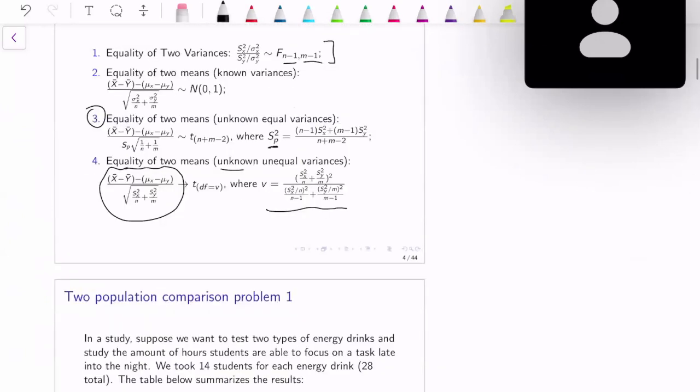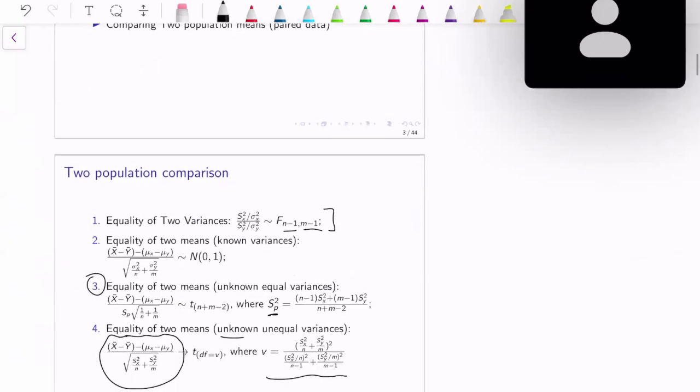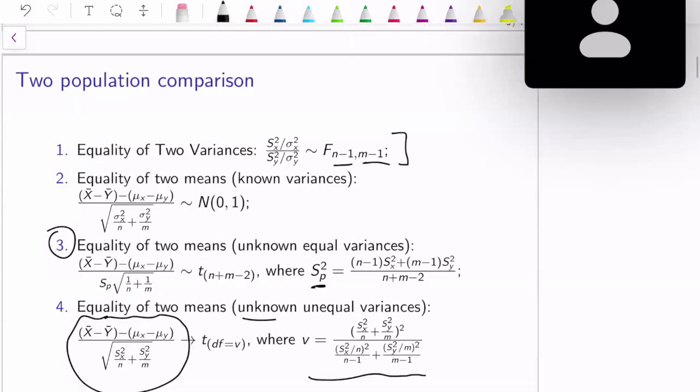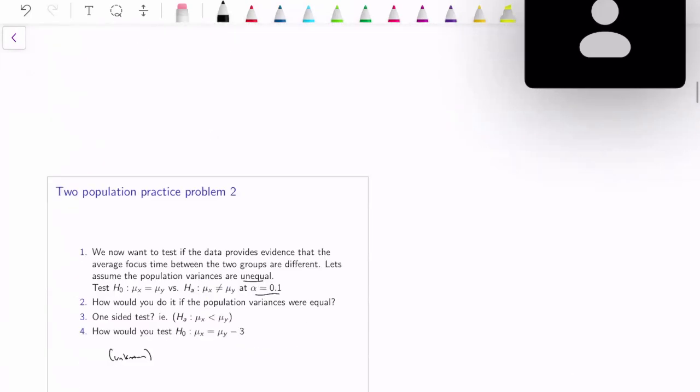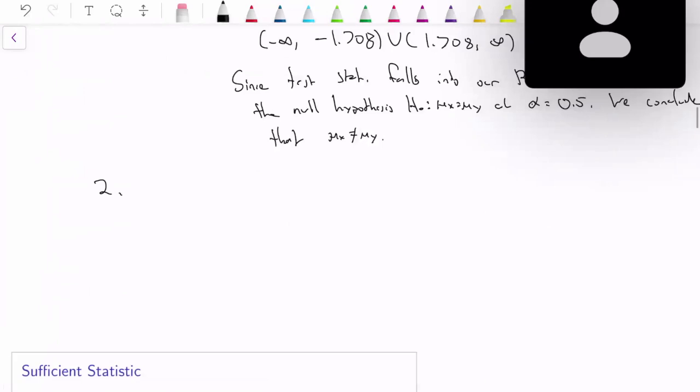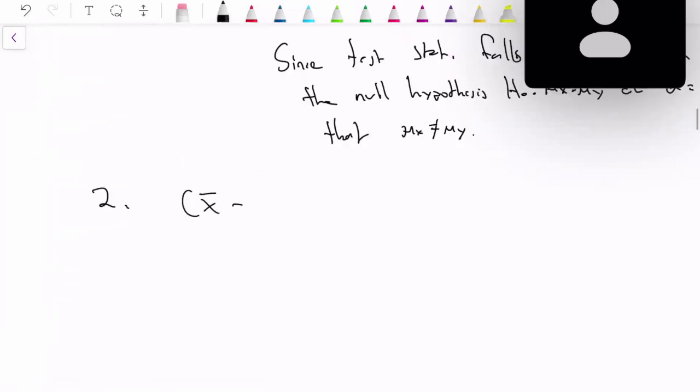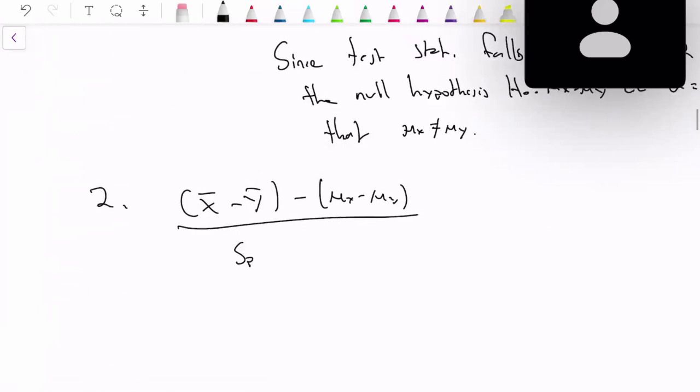So it's sort of the same approach. You would calculate this first, and then you would calculate this, get a t-value, make a conclusion. So that's the approach for part two. So I guess I'll just write it here. This is your test statistic now. And then you calculate SP.